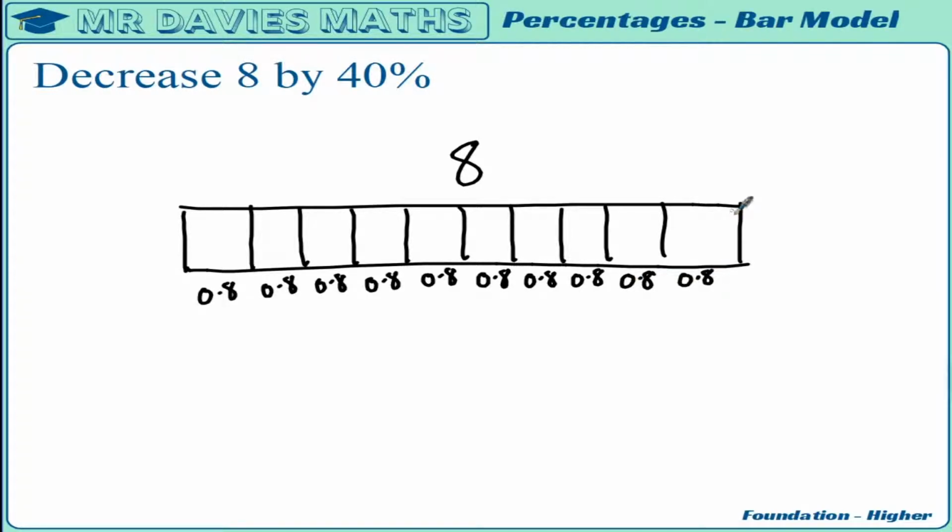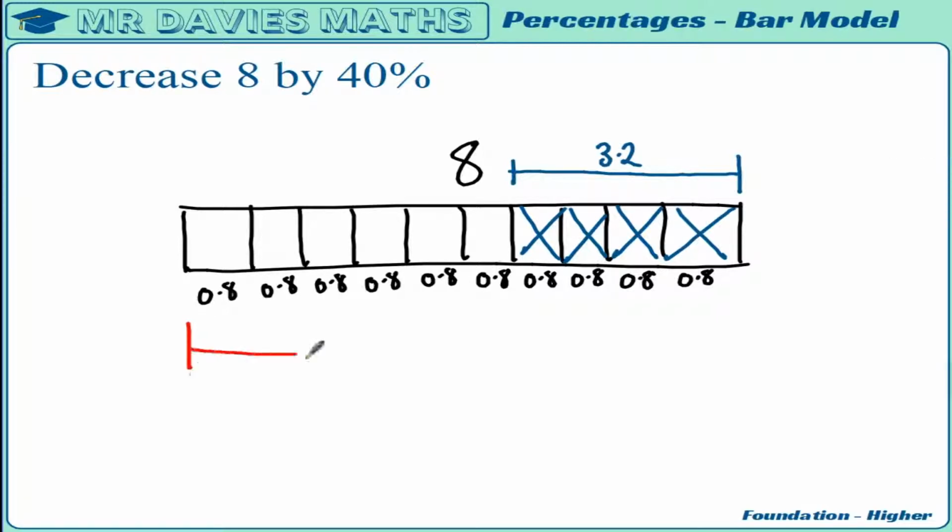So I'm going to get rid of 1, 2, 3, 4. I'm going to get rid of 4 boxes. So how much am I getting rid of? 0.8 and 0.8 and 0.8 and 0.8. 4 0.8s would be 3.20. We're going to delete 3.2 off our value.